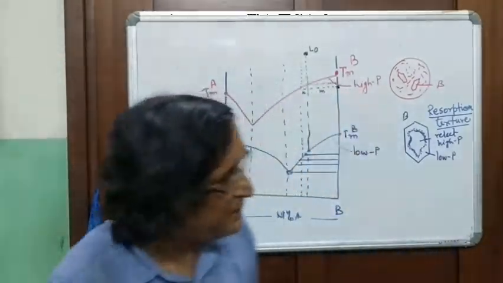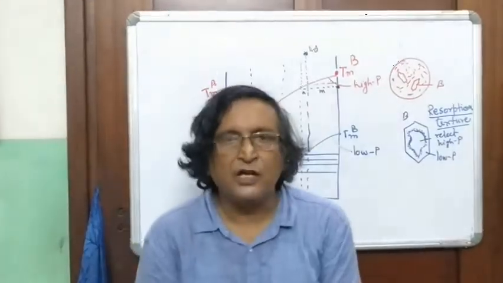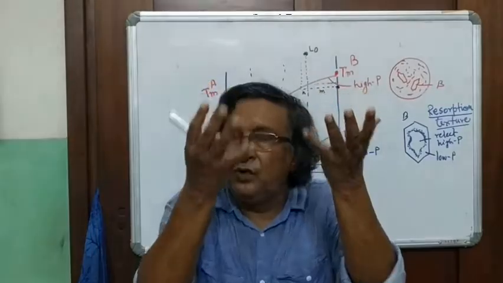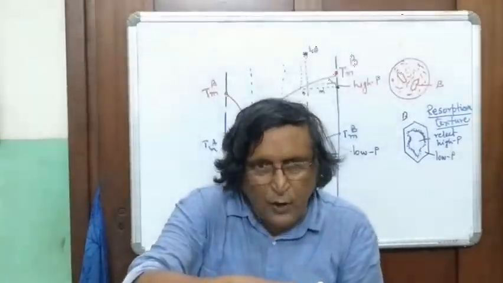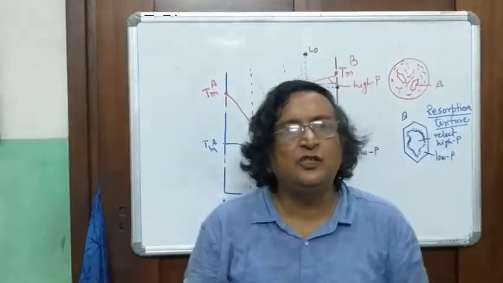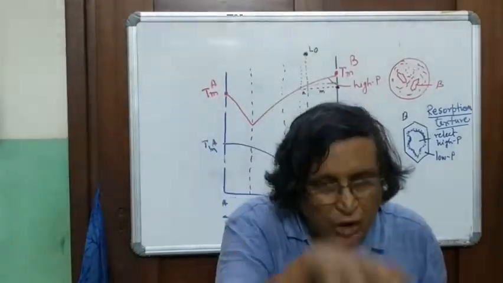So what happens sometimes? If you have a magma at high pressure and there is a conduit, sometimes the whole magma does not move. The fluids above the magma move out. So this causes a reduction in the pressure exerted on the magma.